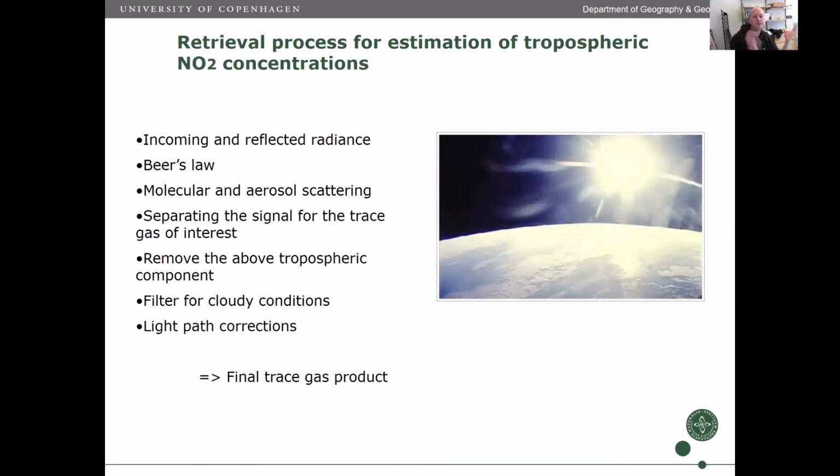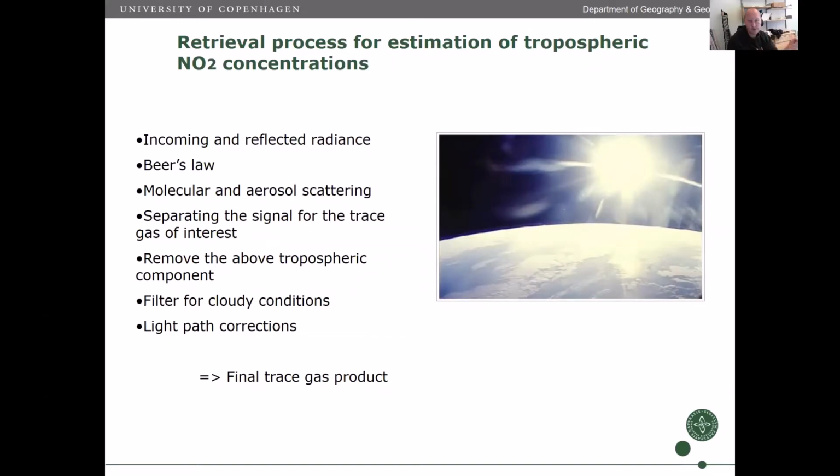So we have now decided that we are going to study the ultraviolet and the short visible wavelengths of the reflected radiation that comes to the satellite sensor. And we're now going through the process of how to convert these wavelengths of reflected radiation into a final trace gas product.